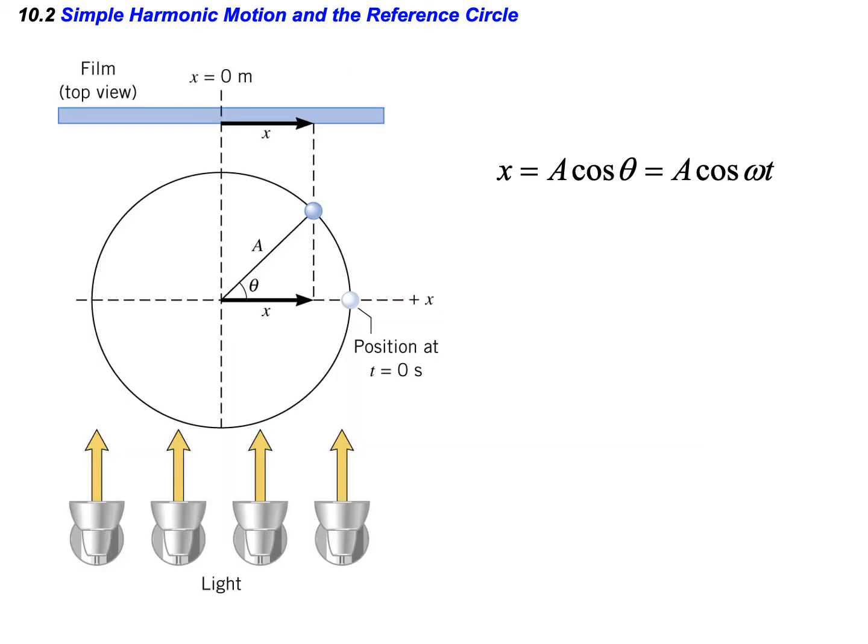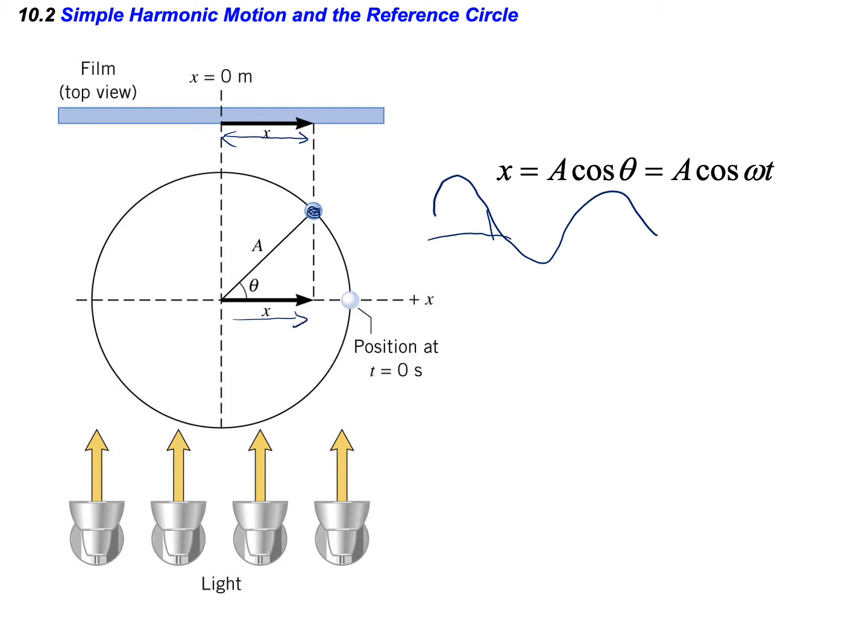Here you see the top view of this circle, and you see an arbitrary position of the ball. This is the radius, or A, and this length is the width of the wave. Depending on the location, we can measure this length.